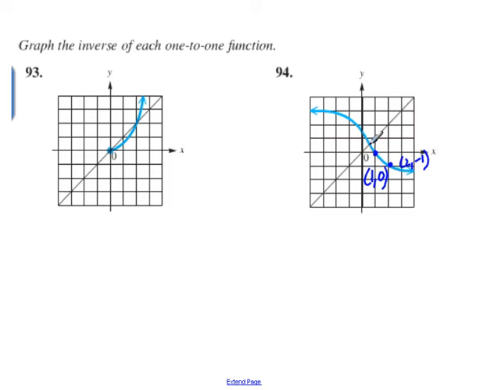We also have the point, trying to find a more precise point, negative 3, 3. Okay, so when we're graphing the inverse function, we need to interchange the x and y. So instead of 1, 0, we would have 0, 1. Instead of 2, negative 1, we're going to have negative 1, 2. Instead of negative 3, 3, we're going to have 3, negative 3.